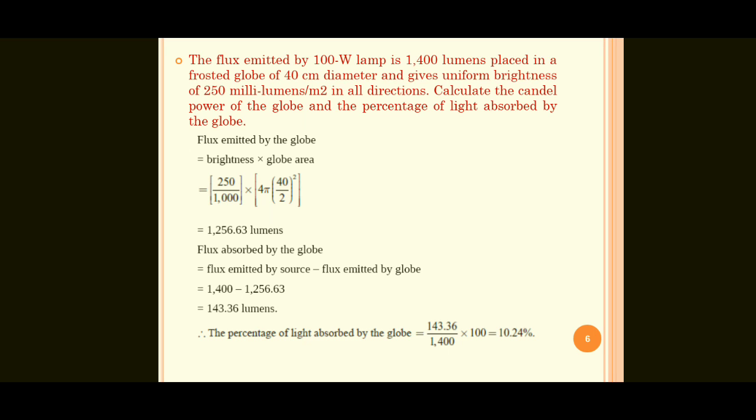And next question, the percentage of the light absorbed by the globe. The percentage of light means the flux absorbed by the globe by the total lumens emitted by the lamp. We already covered this equation in the last class.